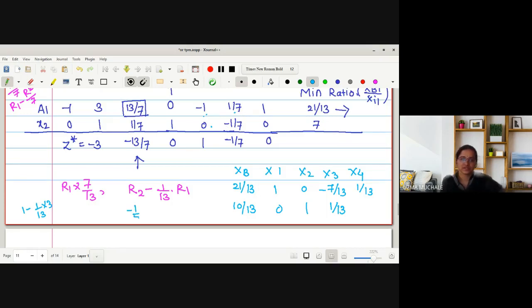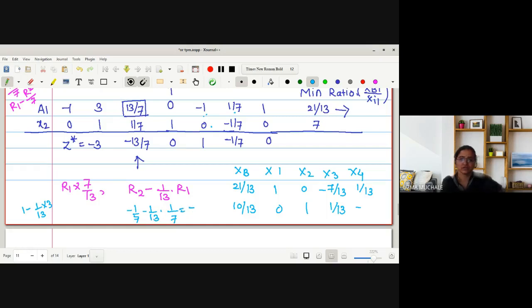Minus 1 by 7 minus 1 by 13 into plus 1 by 7. How much is the value? Addition we have to do with a negative sign. Minus 13 minus 1, minus 14 upon 13 into 7.